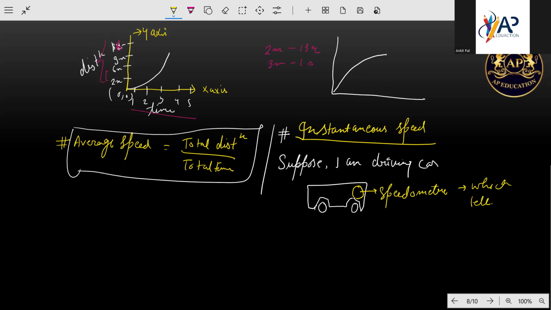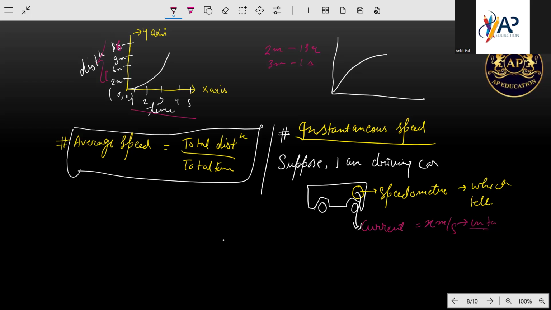Suppose I want to check my current speed. Suppose the current speed is x meter per second. That is instantaneous speed. I want the speed at an instant of time. What speed is there? That is instantaneous speed.